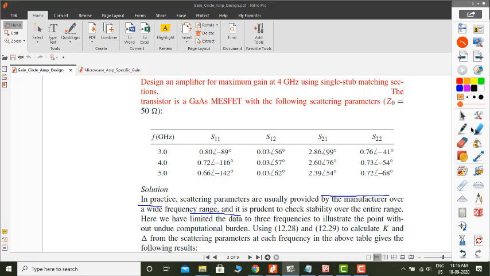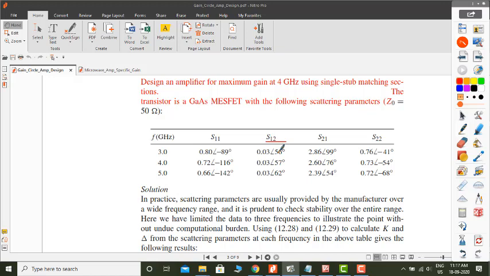So the first step is we have to ensure the stability. To ensure the stability, we have to inspect the reverse transmission coefficient, that is S12. S12 should be 0 for a unilateral device. If the device is unilateral, then the device will be unconditionally stable. In fact, we need not test the K factor or mu factor with the del values.